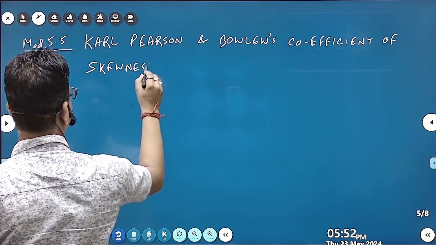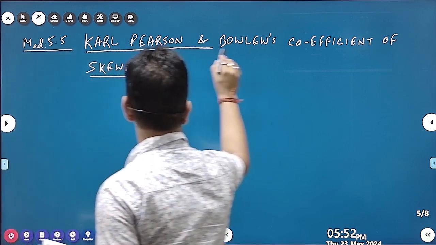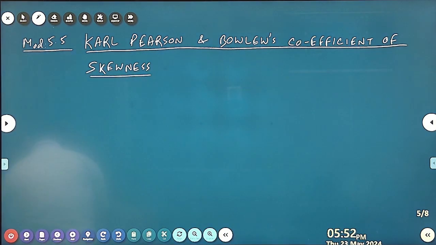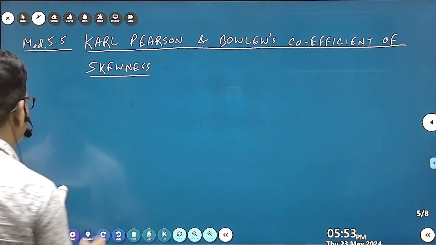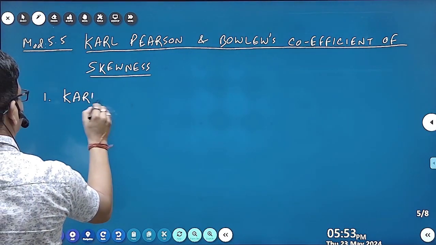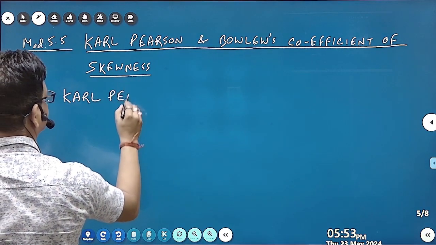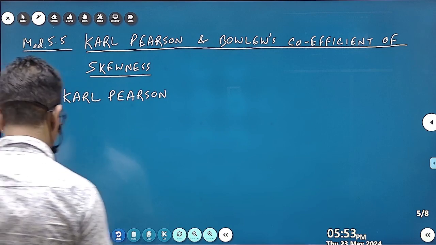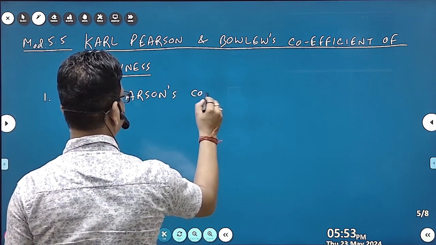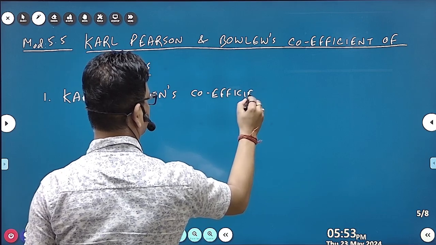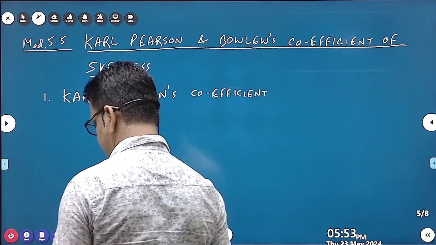Okay, skewness. I'll explain what is skewness. So, number one, Carl Pearson's, also directly called Pearson skewness. Carl Pearson's coefficient of skewness.